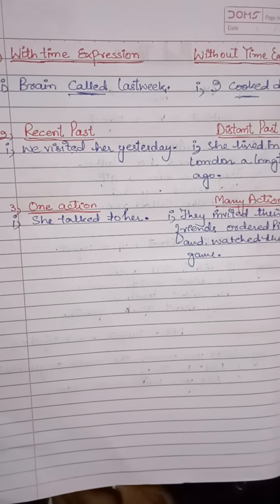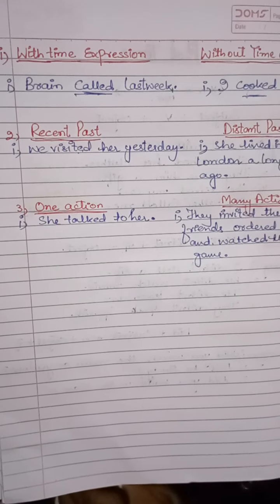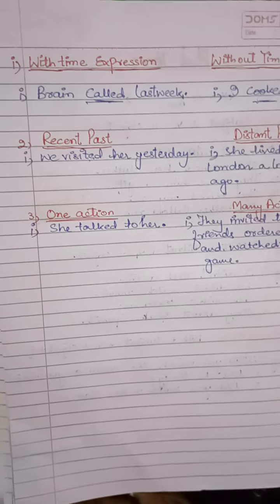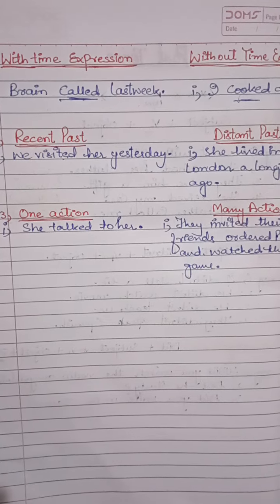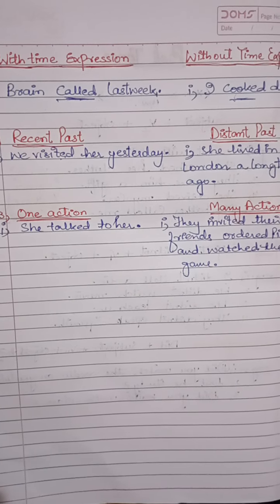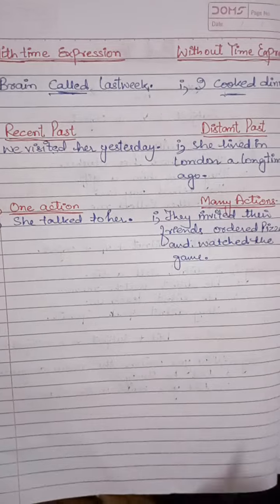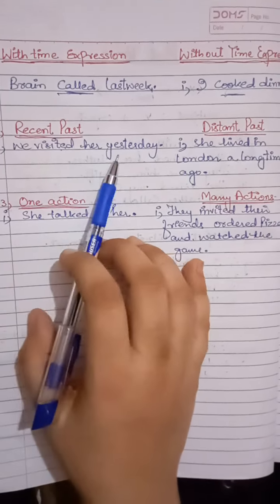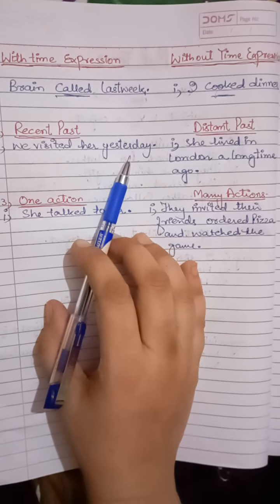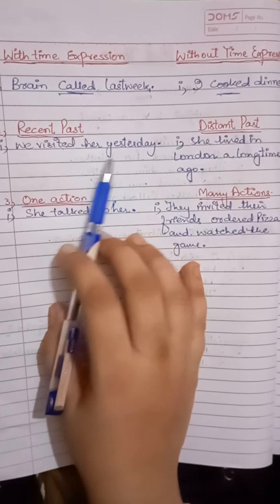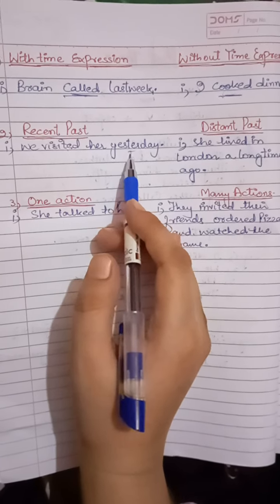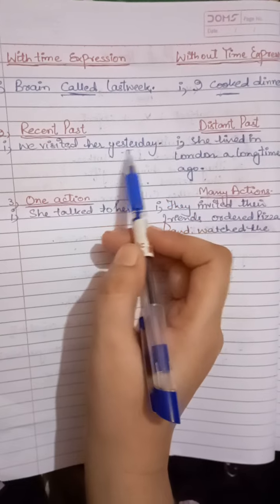The recent past means something that just happened or short time ago, and the distant past, something that happened a long time ago. Let's look at some examples. We visited her yesterday. Okay, yesterday is not very long ago, so we could use it with the past simple.